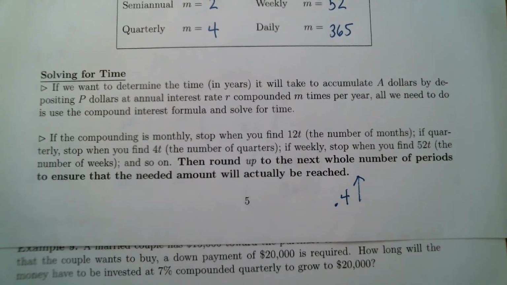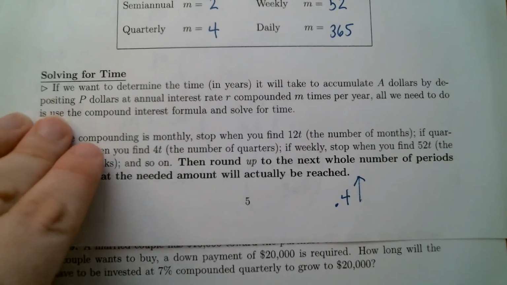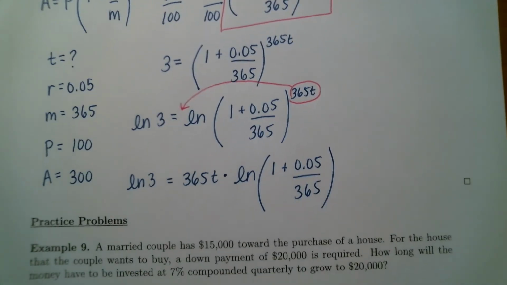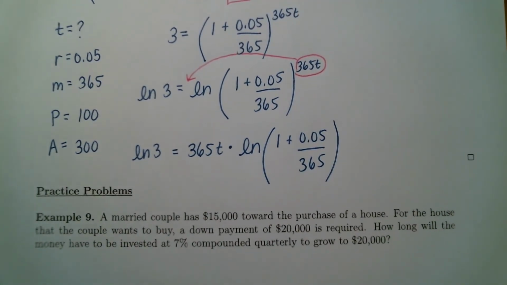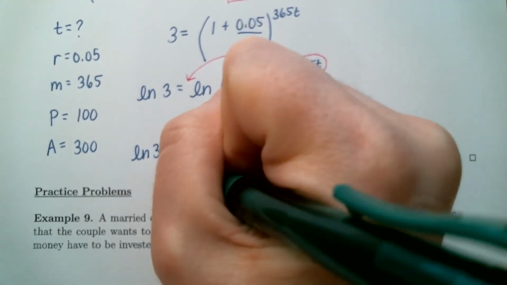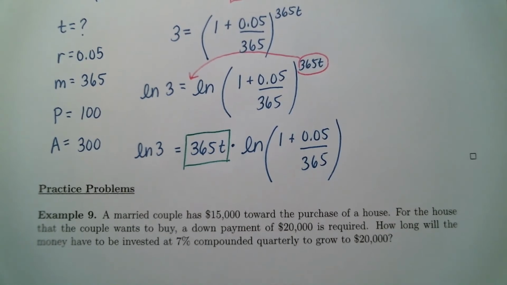So if the compounding is monthly, you stop and solve for 12t. If it's quarterly, you're going to stop and solve for 4t. If it's weekly, you're going to solve for 52t. So if you apply that logic here, we're going to be solving for 365t, not just t. I will explain why a little bit later.